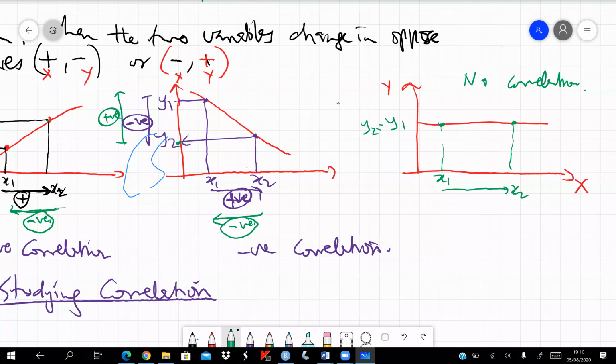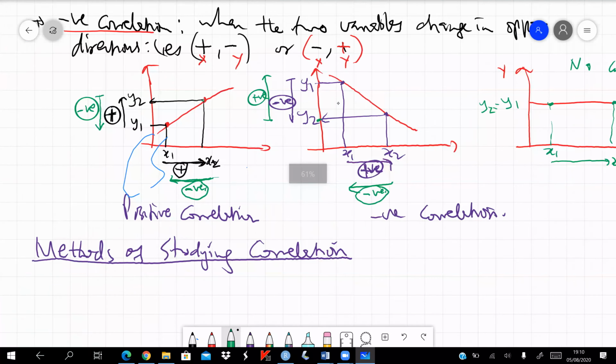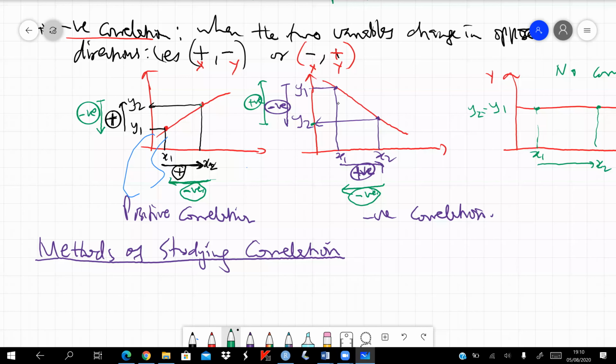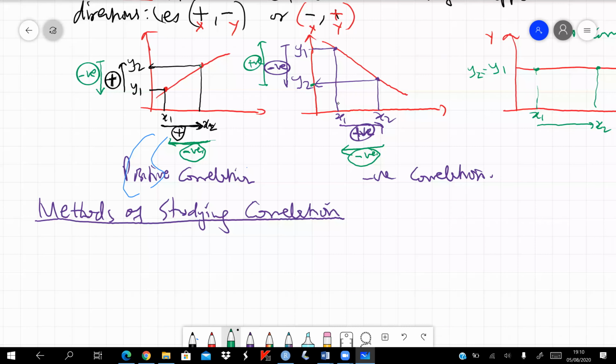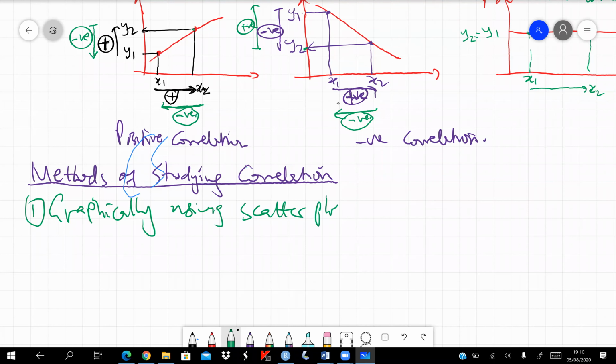So let's look at the various ways of studying correlation. These methods are listed in your notes, so I'll tend to be a little bit briefer. The first one is graphically: you can study correlation graphically using a scatter plot or scatter diagram.